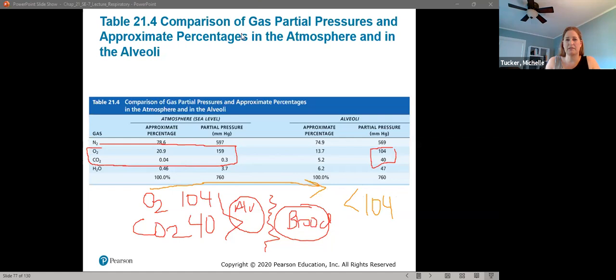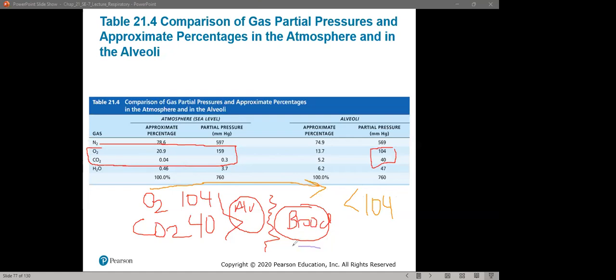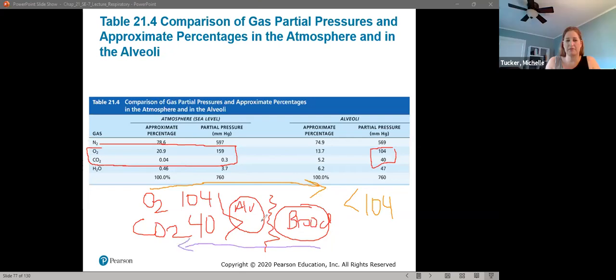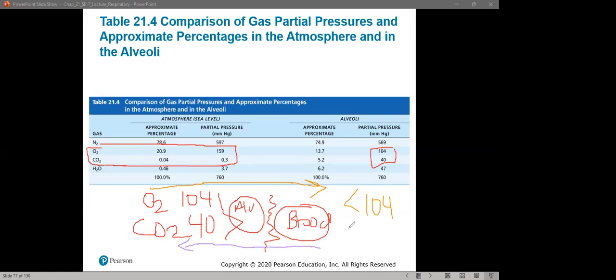Now, what direction does carbon dioxide go? The opposite. Very good. So we need to move carbon dioxide from the blood into the alveoli so it can be expelled. Do we need a value of partial pressure that is higher or lower? Is this value in the blood higher or lower than in the alveolus? Higher.